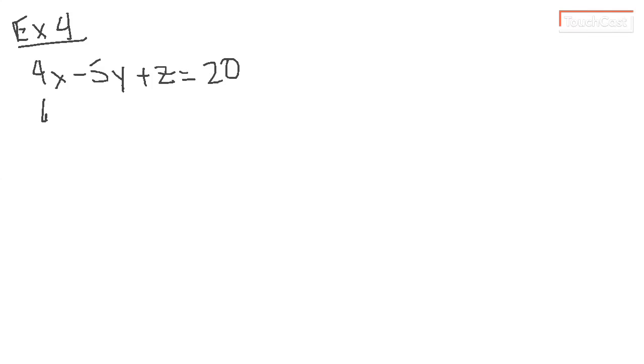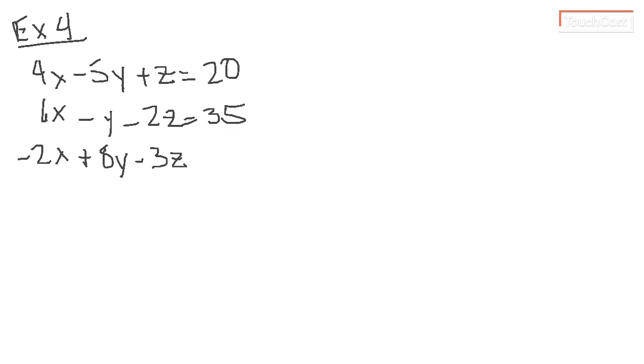We're going to have 6x minus y minus 2z equals 35. Negative 2x plus 8y minus 3z equals negative 9.